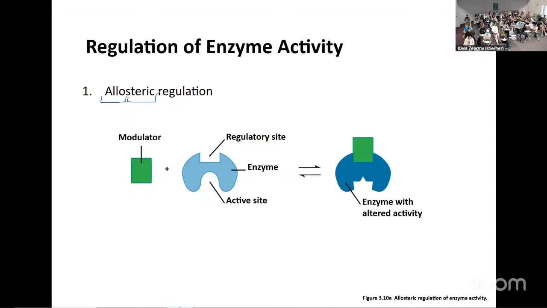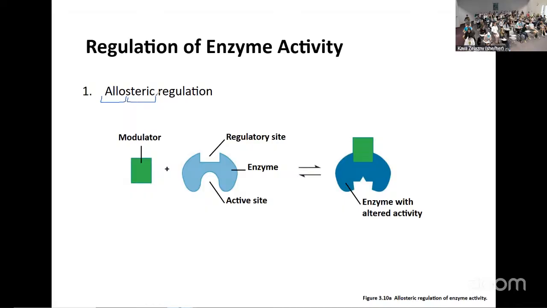So in allosteric regulation, we have some other molecule, which we're going to call our modulator, some molecule that's not the enzyme and not the substrate, that binds to some other place on the enzyme, and that changes how the enzyme works, that changes its function.